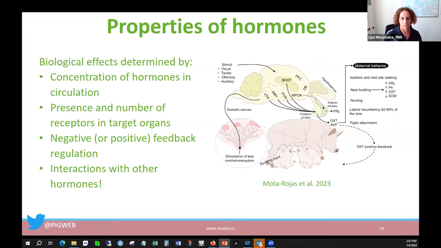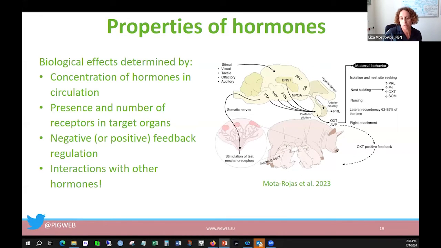And here's a nice illustration from a recent review on oxytocin and maternal behavior that's showing an example of a positive feedback loop. They're less common, I would say, than negative feedback loops, but they also occur. So here you have the suckling behavior of the piglets stimulating the teats, which are sending then messages to the brain, which are stimulating the posterior pituitary to release more oxytocin, which is synthesized in the hypothalamus, released by the posterior pituitary.